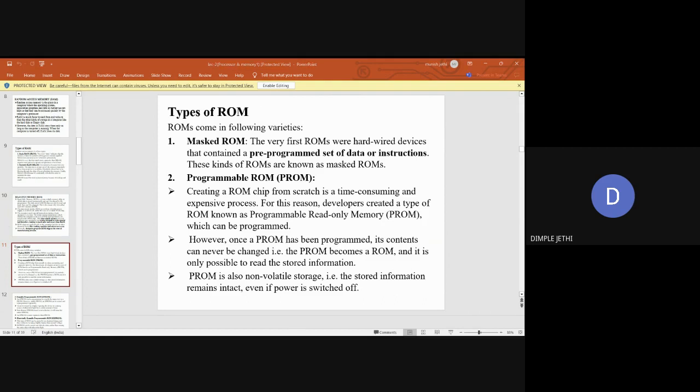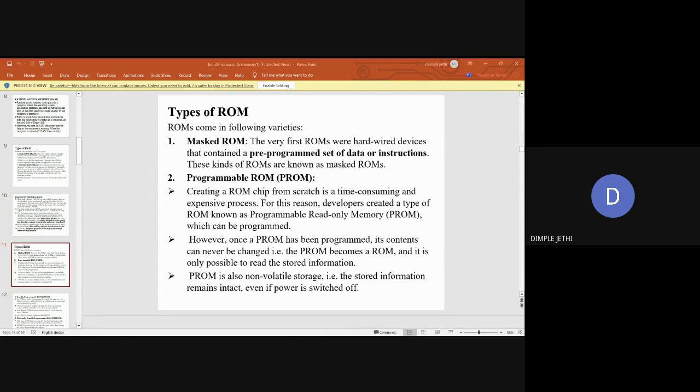Then the second type of ROM is programmable ROM, PROM. Now what is programmable ROM? We give the flexibility to the user that they can make changes once. Only once can you rewrite the instructions. After you have made changes in that ROM, it will become ROM again.